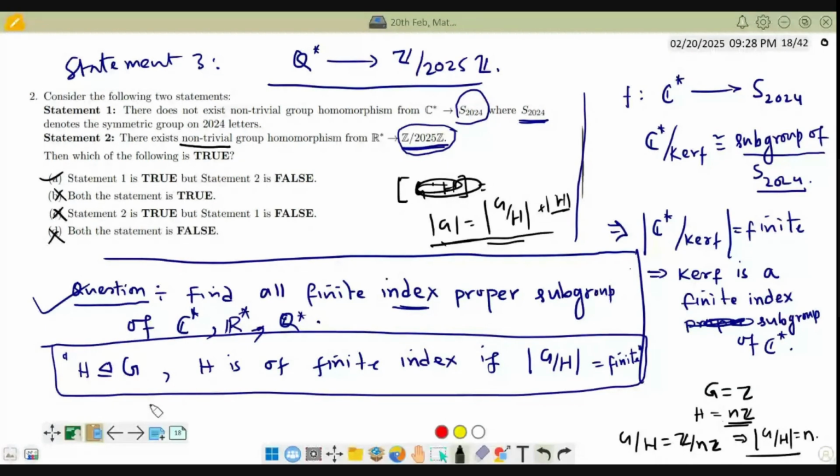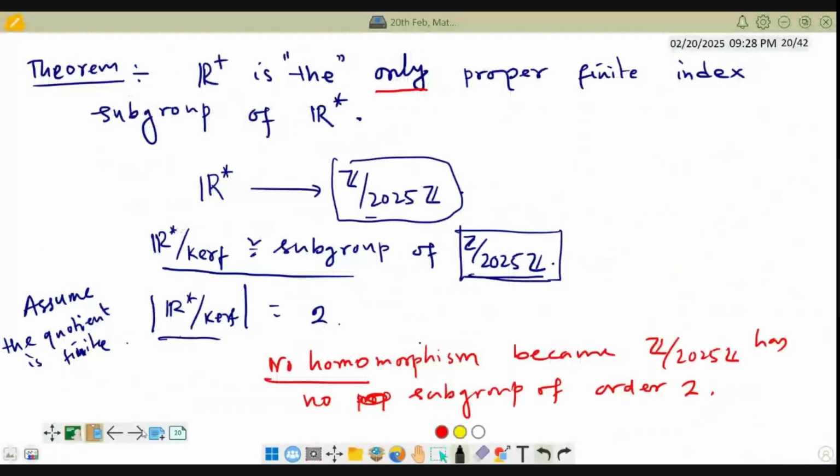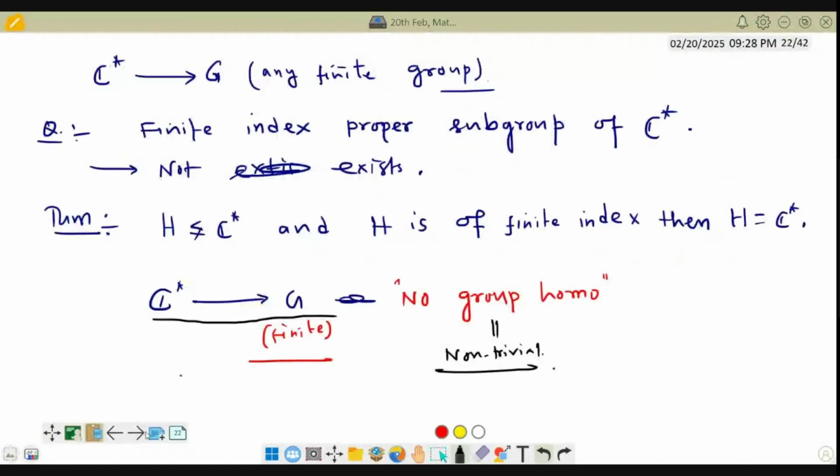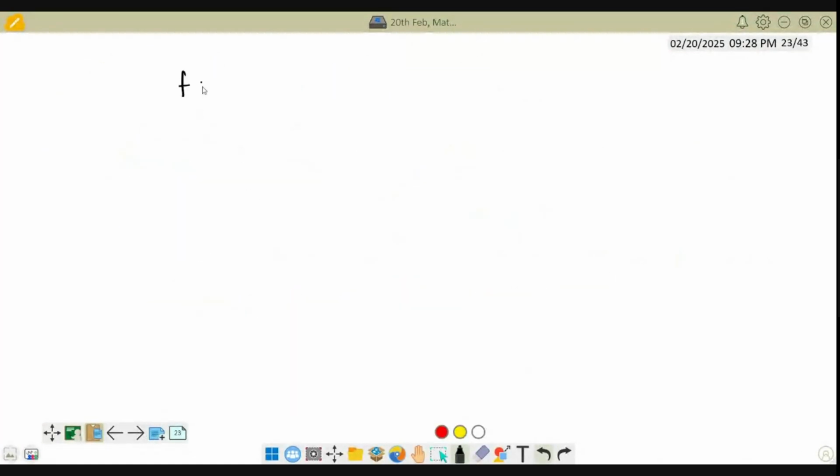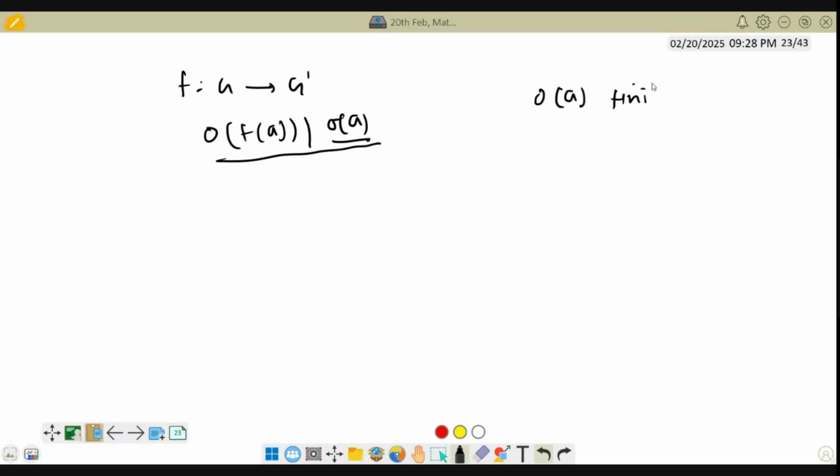Like for example, suppose f is a group homomorphism from G to G prime. Then order of f of a divides order of a. This formula holds if order of a is finite, otherwise you can't use it. That is important.